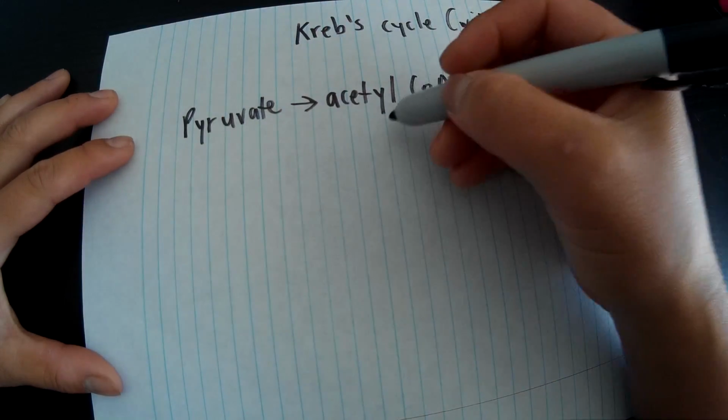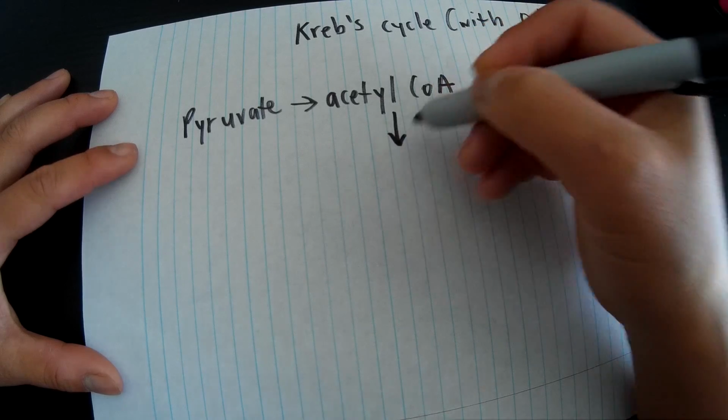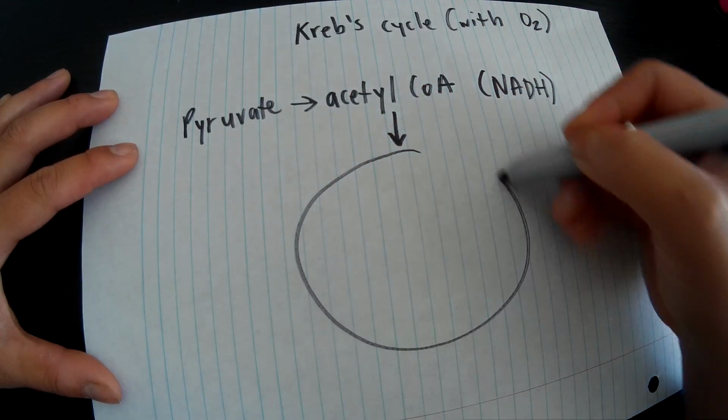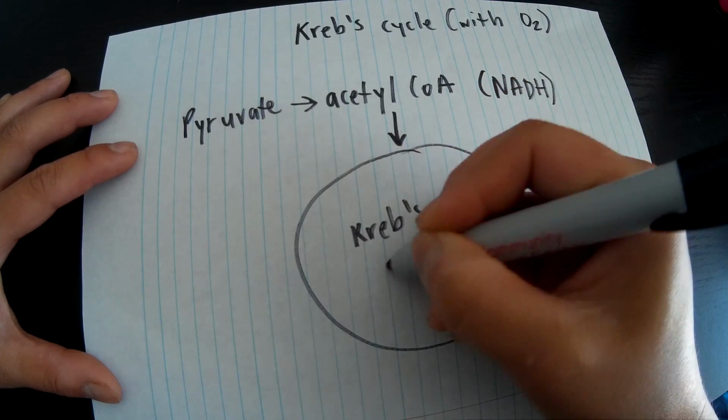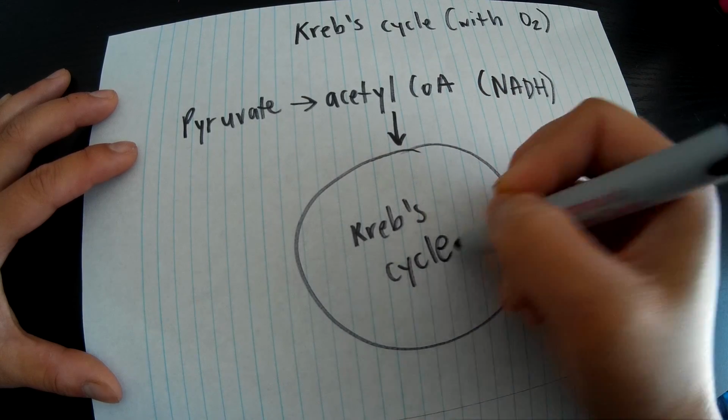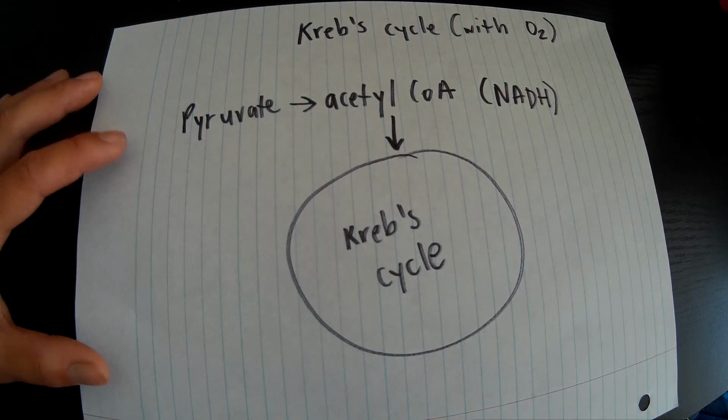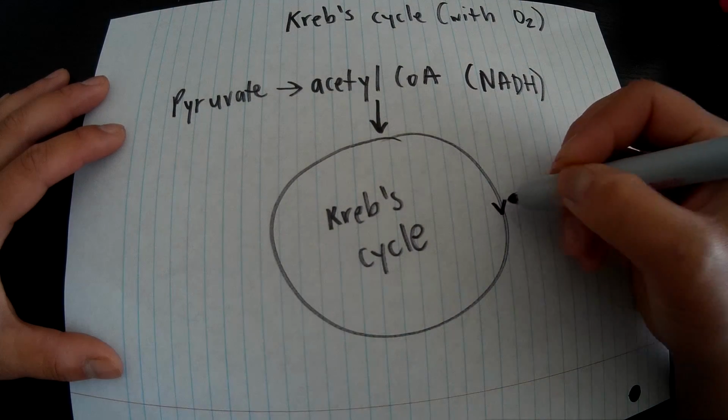Now, 1 glucose equals 2 cycles through the Krebs cycle, so 2 rotations through the Krebs cycle. That's because it makes 2 pyruvate, and 2 pyruvate makes 2 acetyl coenzyme A, and 2 acetyl coenzymes go through.